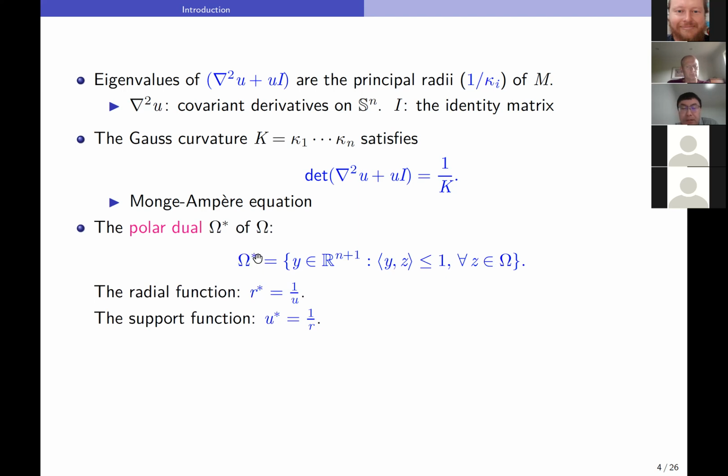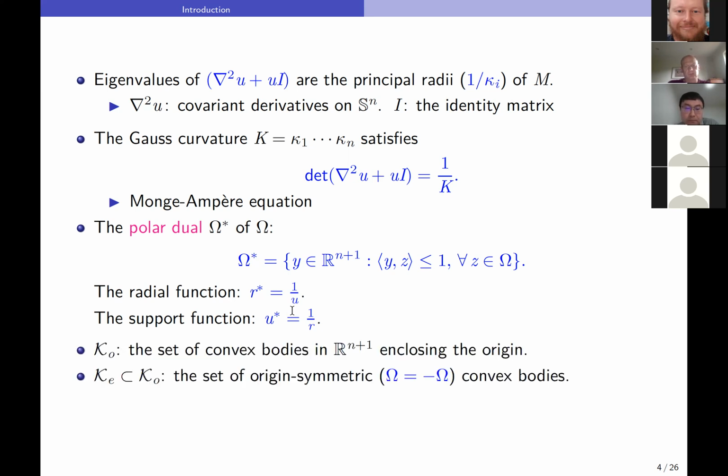Because it is a polar dual, it satisfies some nice dualities. For example, the radial function R star is equal to 1 over U, where U is the support function of omega, and the support function U star is equal to 1 over R, where R is the radial function of omega.